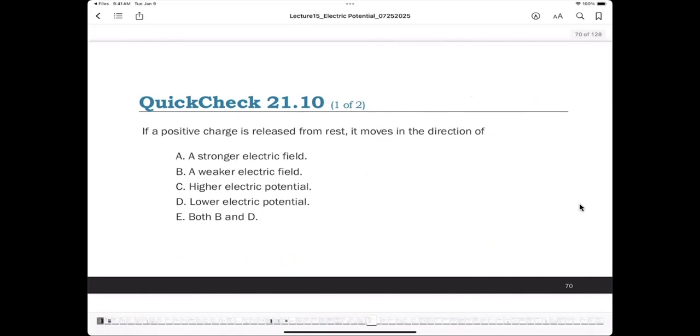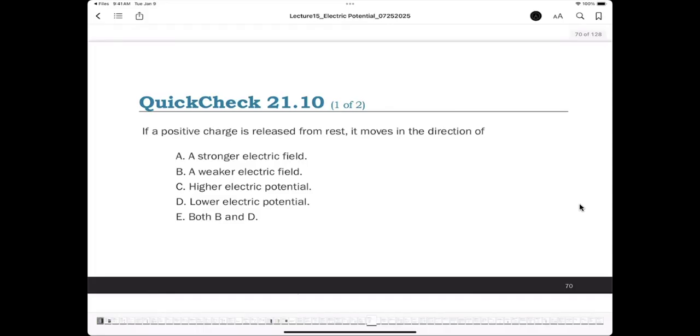Let's check the other one. If a positive charge is released from rest, it moves in the direction of which one? A stronger electric field, a weaker electric field, a higher electric potential, or a lower electric potential?